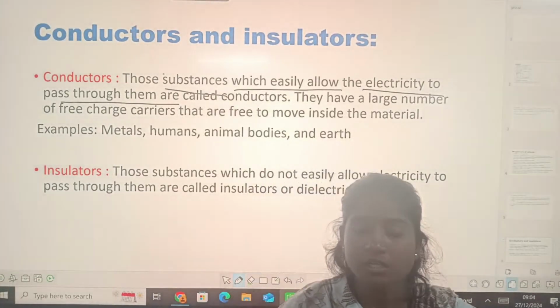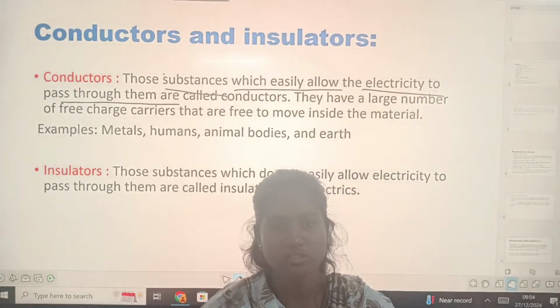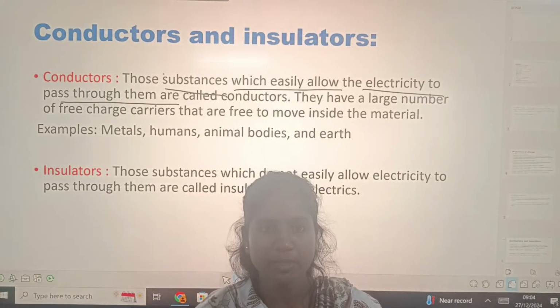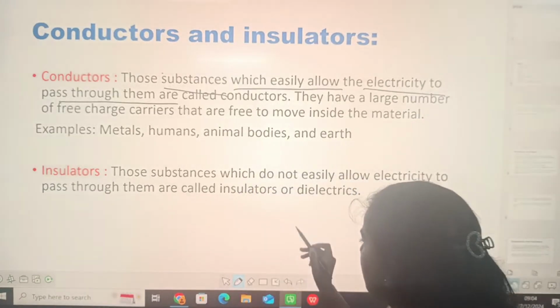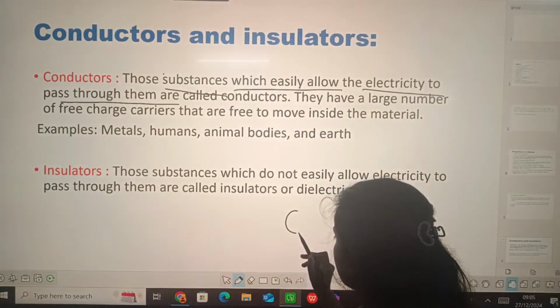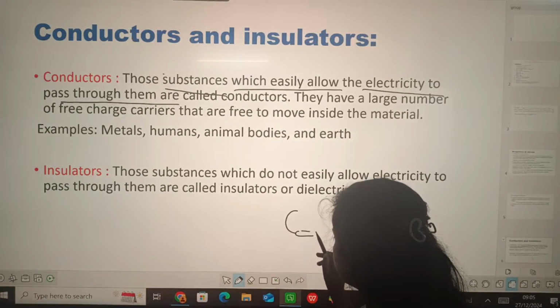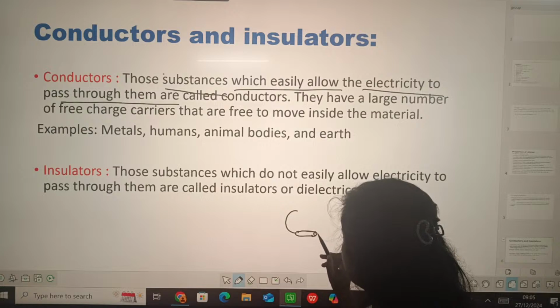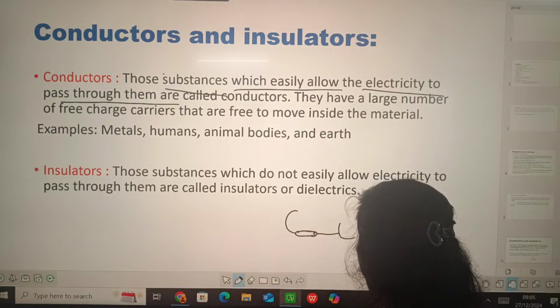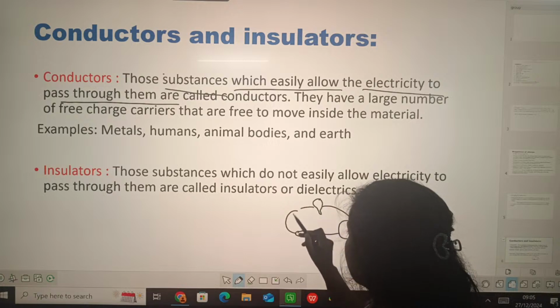See, in the lower classes, I mean in your high school sections, you did some experiments where you connected a metallic pin and a battery to a bulb.